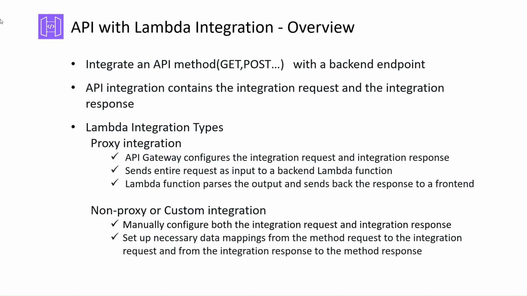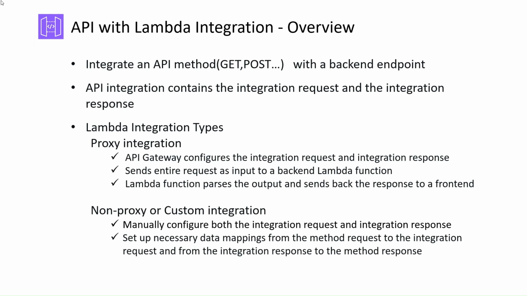First, API with Lambda integration overview. Let's see briefly what is Lambda integration. Once the API and the resource are created, the API methods such as get, put, post, delete, and so on have to be created and integrated with a backend endpoint, and it is called the API integration.